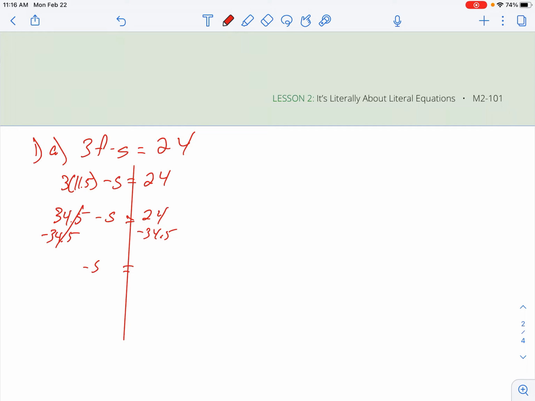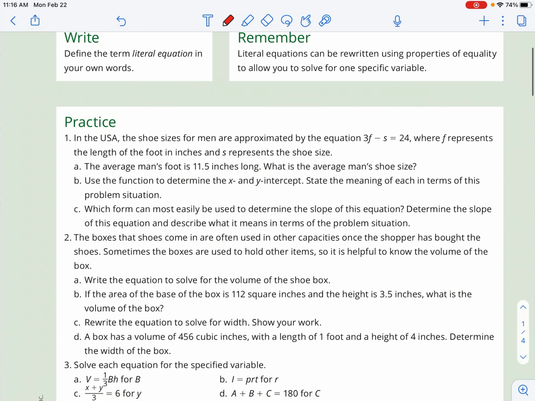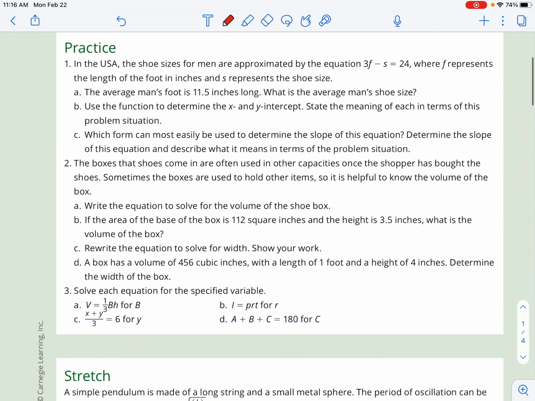And then 24 minus 34.5, watch your signs, you get negative 10.5. Now after that, you have a negative 1 in front of the S. So I'm going to divide by negative 1. That gives me a positive 10.5. So the shoe size is roughly, it's not roughly, it is 10.5.